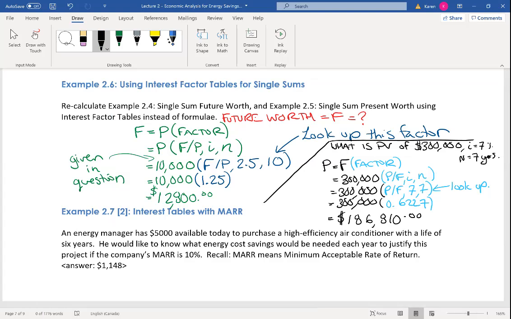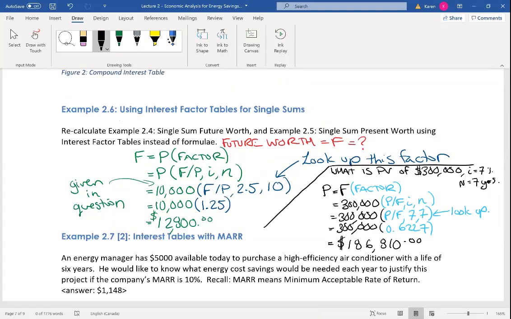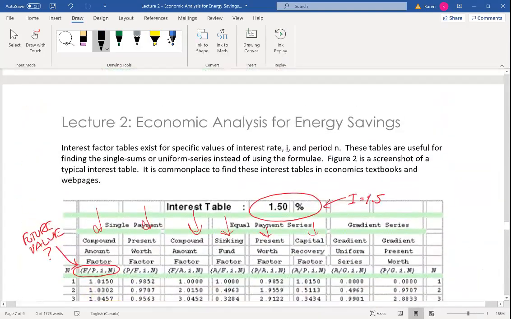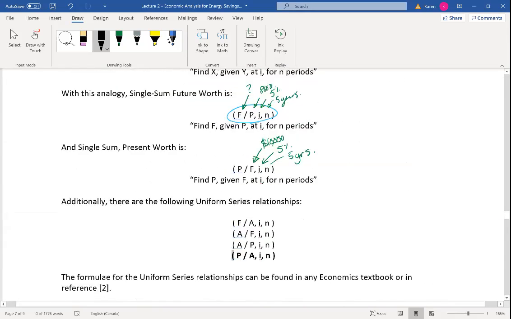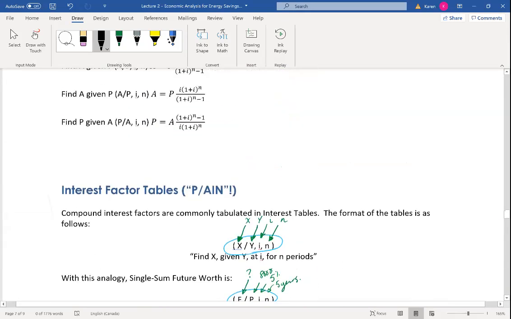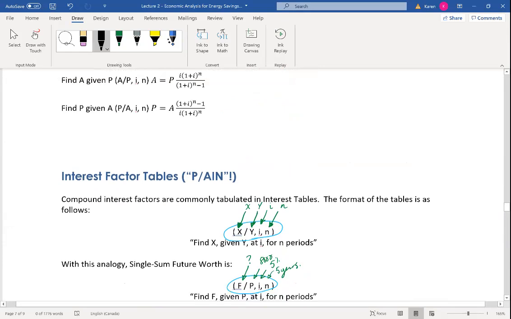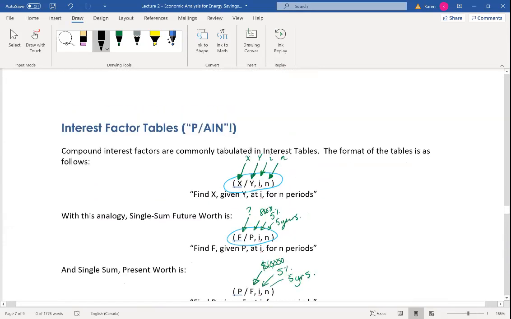So could you have used the formula? Yes, we did use the formula before, but this is how we use these single sum, sorry, what are we calling these? Interest factor tables. So that's how we use the interest factor tables.